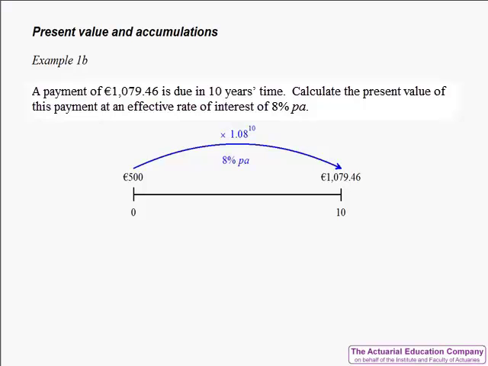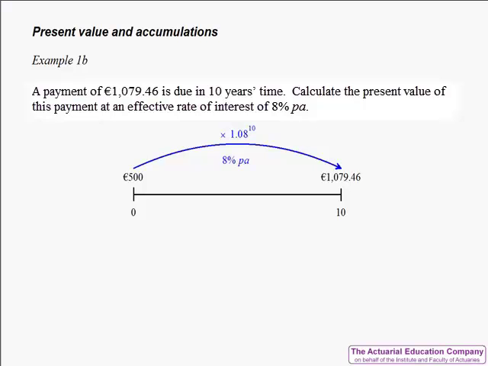Or to put it another way, how much should we invest at time 0 in order to meet this payment at time 10? This is a very common question, for example in life and pensions, where we may have liabilities to meet in the future, and we need to know how much to invest now, i.e. the premiums, in order to meet these payments.